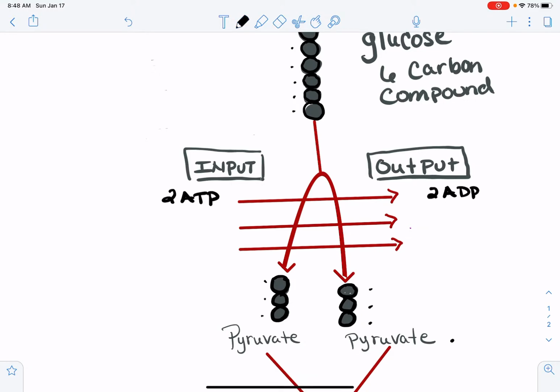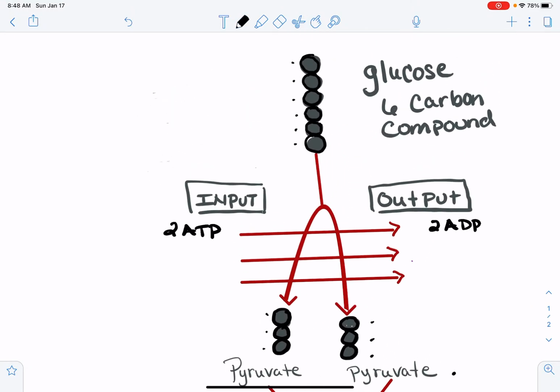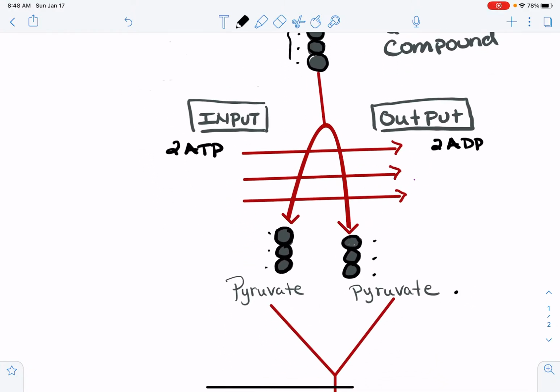In the process of breaking this 6-carbon compound up here, we are going to release electrons, and we have an electron carrier that is going to pick them up. So our electron carrier is NAD, and remember that's our vitamin B3, so you should eat well.